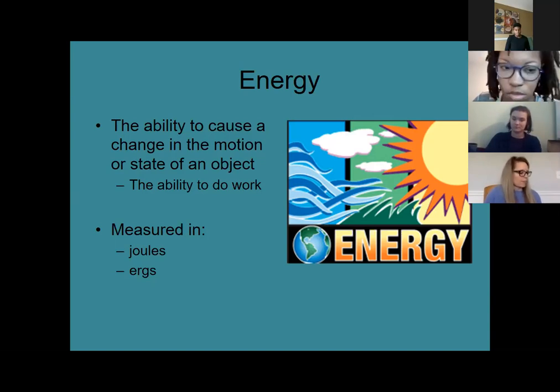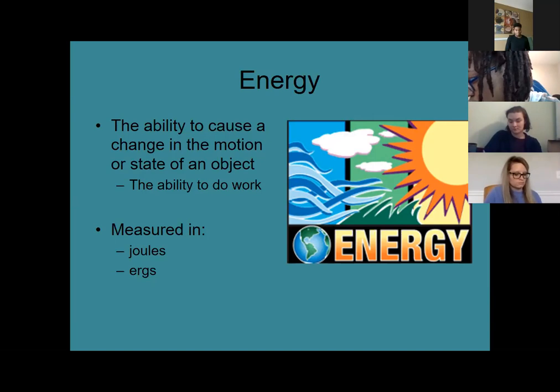But also in radiology, because our X-ray photons have such a small amount of energy, we can also measure energy in the unit of electron volts. So joules and ergs are typical energy units.